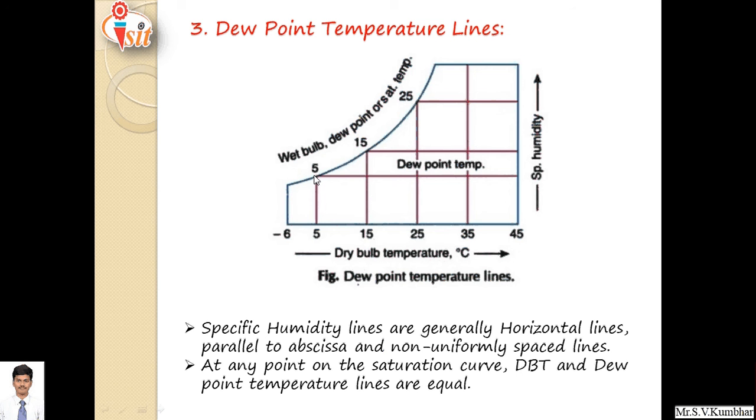At any point on the saturation curve, dry bulb temperature and dew point temperature are equal, because when the dry bulb line intersects the curve it becomes the dew point temperature.